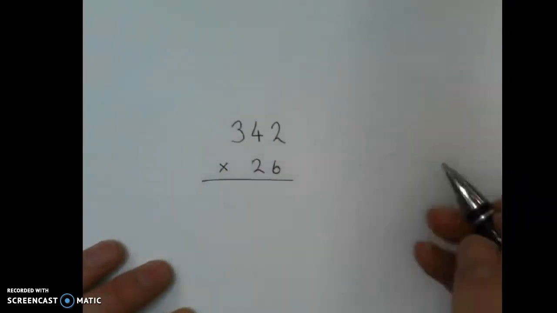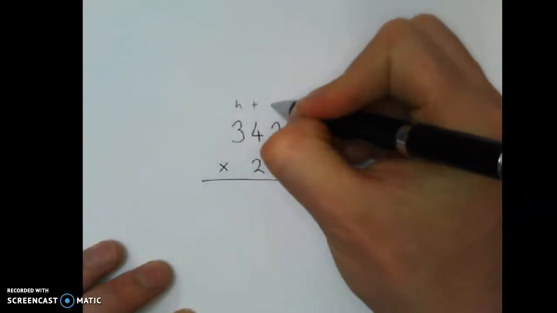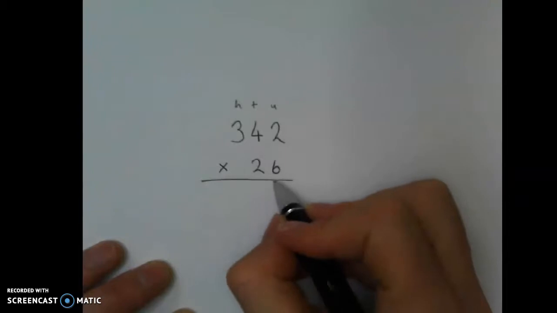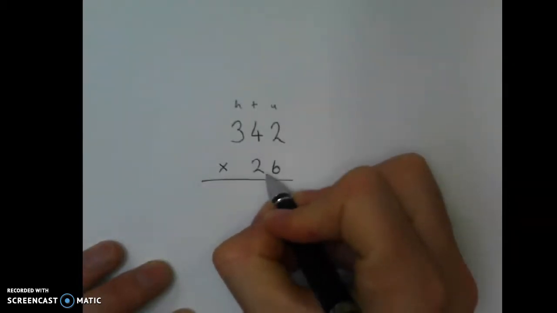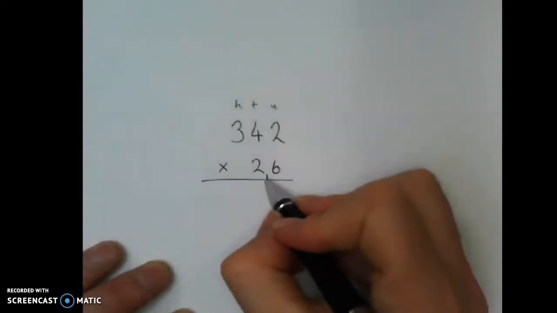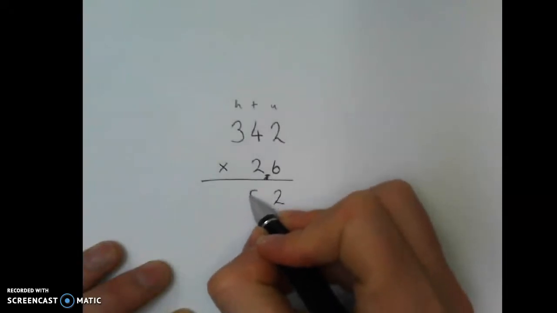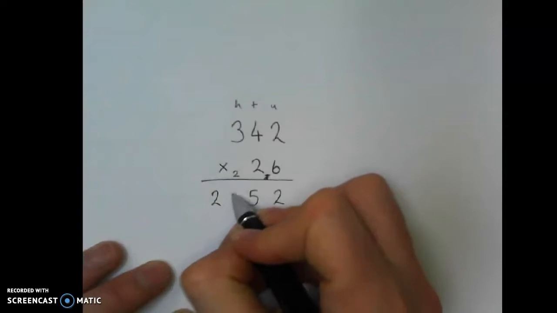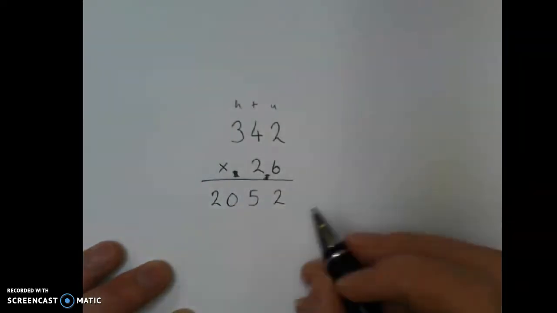Anyway, as I said, hundreds, tens, units. So, 2 times 6 is 12. 4 times 6 is 24, plus 1, 25. 3 times 6 is 18, plus 2 is 20. Scratch them off so we don't use them again by accident.